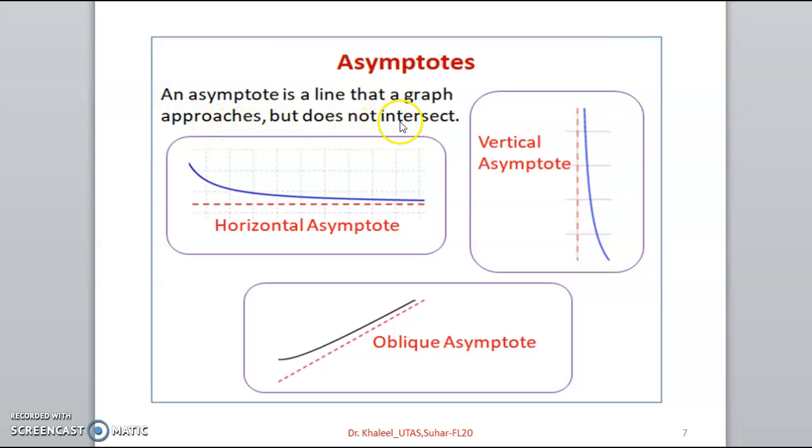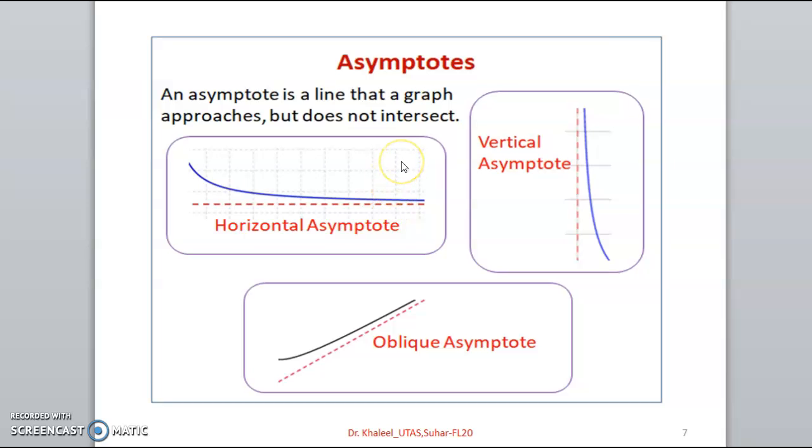It is not equal to A, it is going close to A. Approaches means going close to, but not equal. So a line is an asymptote to the graph where the line and the graph are approaching but do not intersect.